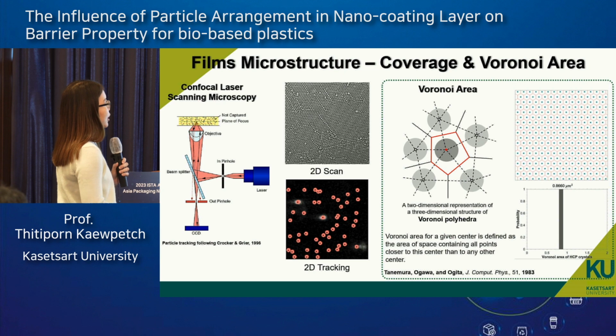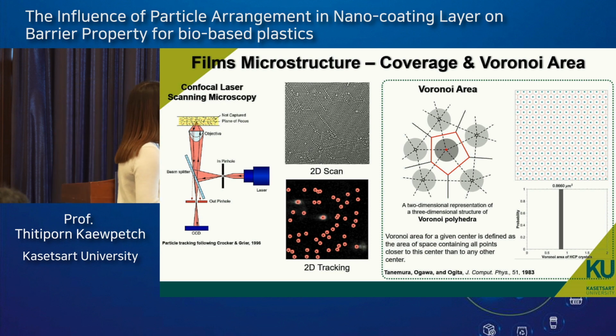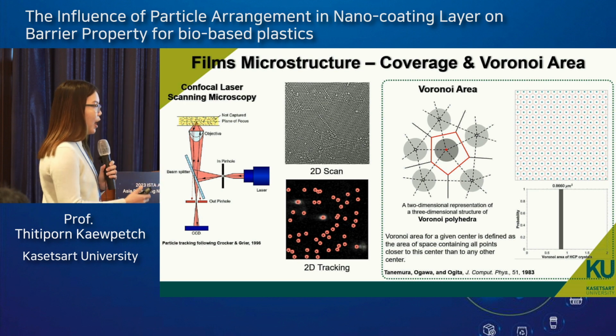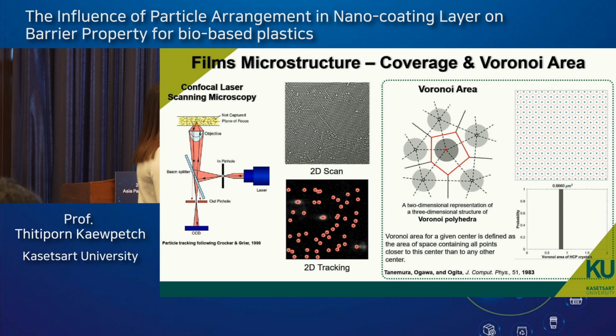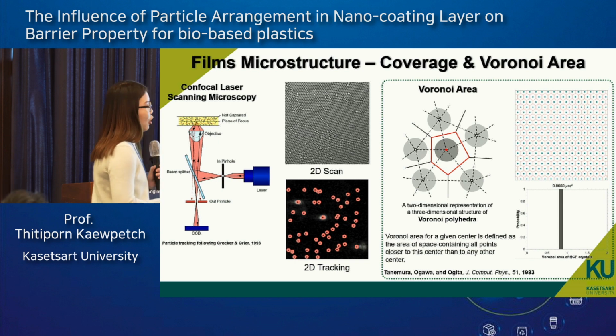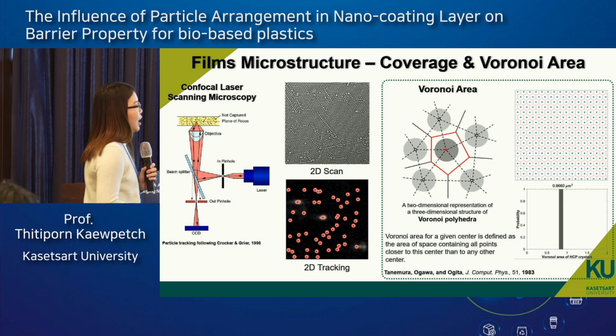So this is the picture of the 2D scan. From this 2D scan, we can use 2D particle tracking, which was developed by John Crocker and Eric Weeks. From the 2D tracking, we get the position of each particle, and we can use these positions to calculate, or estimate from the algorithm, the coverage area and also the density of the structure.